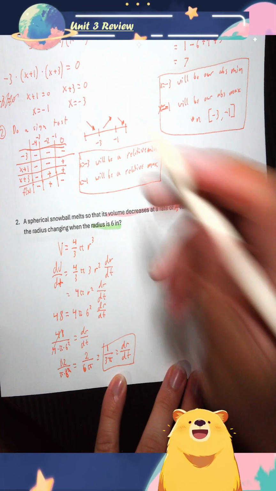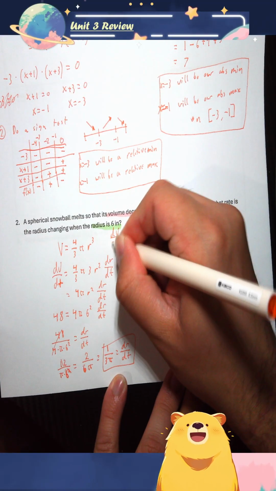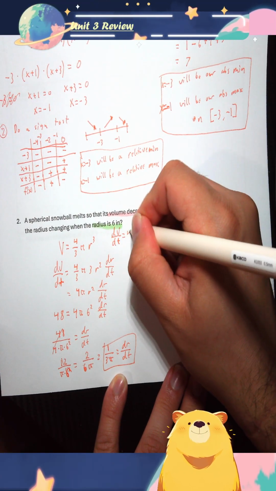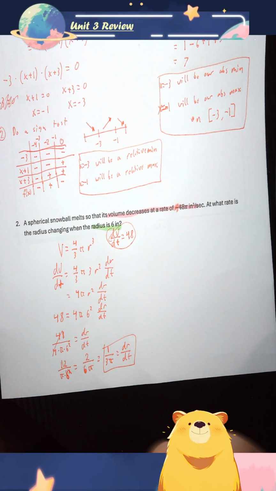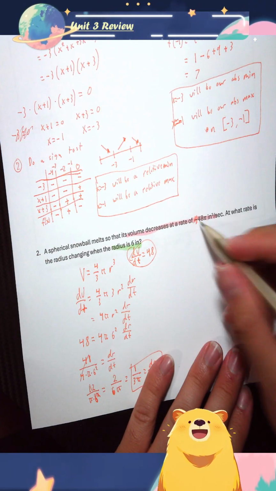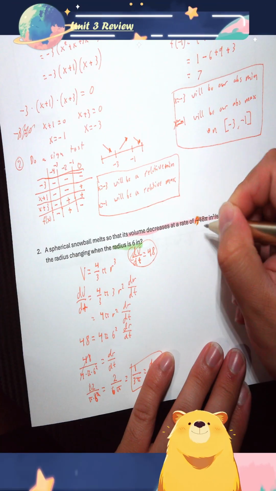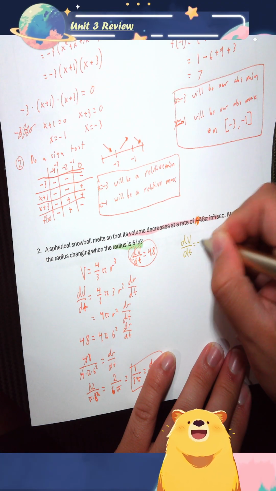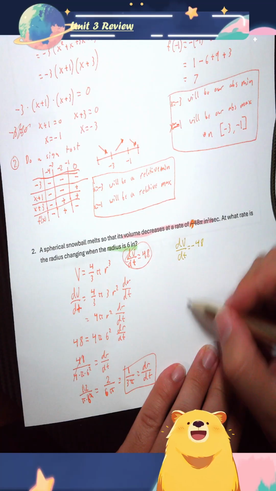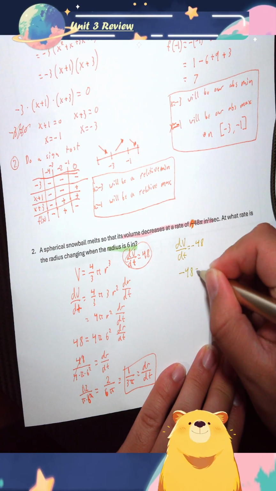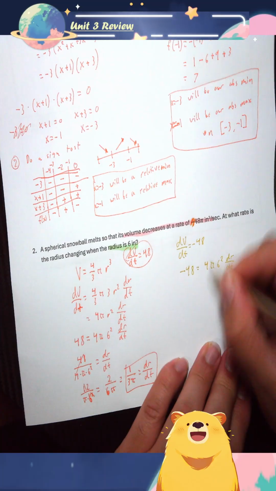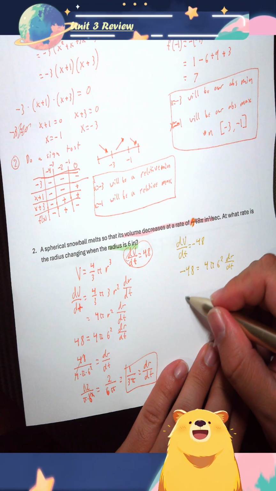So I did want to do a review where dV over dt is the positive 48, because it says decreases at a negative rate, and then now I'll do a separate one where I acknowledge that this is a typo, where dV over dt is a negative 48. So I'm just going to copy and paste it right here. Negative 48 is equal to 4 pi 6 squared dr over dt. Well, funny enough, we're going to do a lot of the same things.